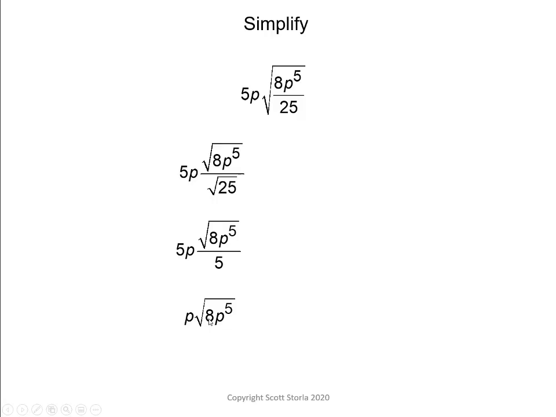Now I know that 8 is 4 times 2, and so square root of 4 will give me a factor of 2 outside, and then the index of 2 will divide 5, so I'll have a factor of p squared outside, and I'll have a factor of p inside, and then this factor of 2 will be inside also. Last, bases are the same and I'm multiplying, so this will just be the third power of p.